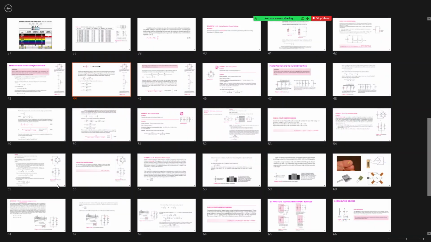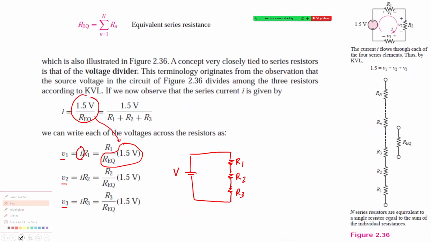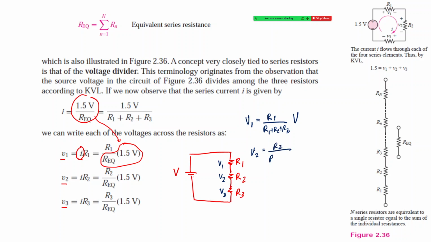We can compute V1, V2, V3 by V1 equal to R1 divided by R1 plus R2 plus R3 into V like this, and V2 is equal to R2 divided by R1 plus R2 plus R3 into V also.